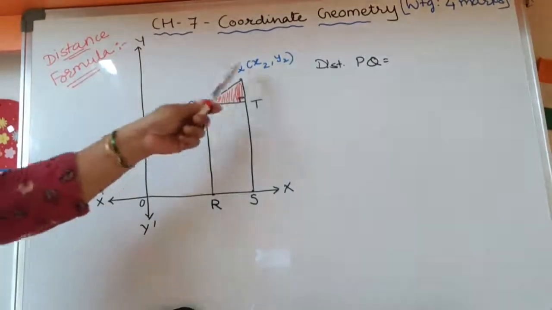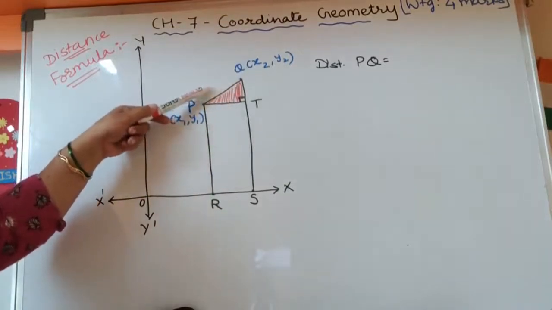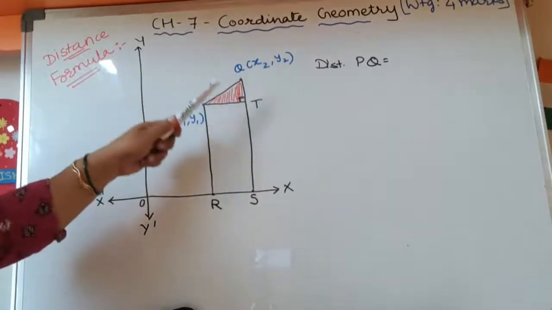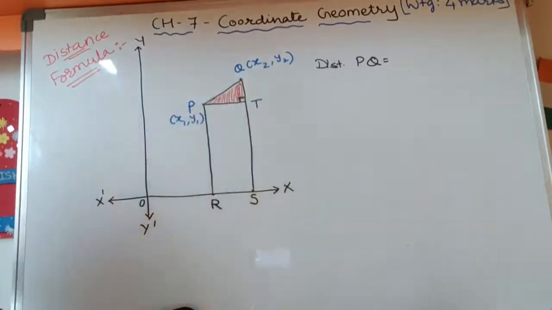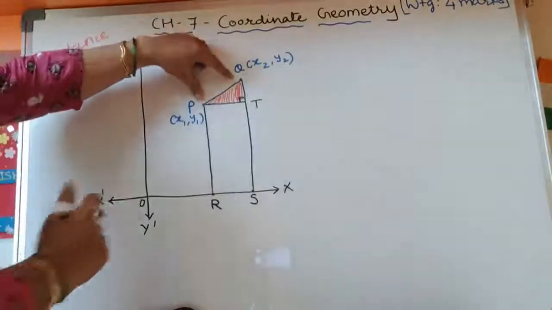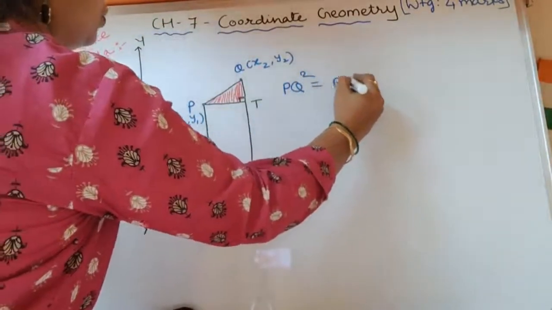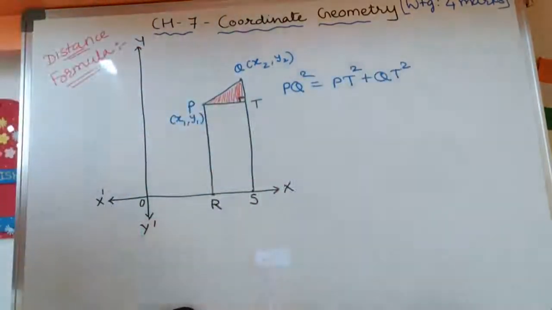In a right angle triangle, the square of the length of the hypotenuse is equal to the sum of the squares of the two other sides. In short, here PQ is the hypotenuse. So PQ square is equal to PT square plus QT square. Is it clear?